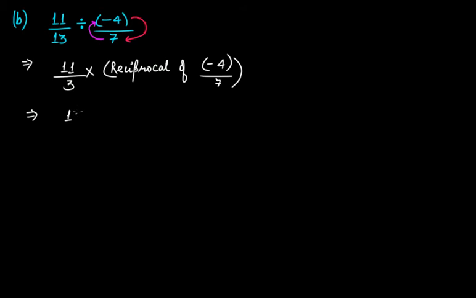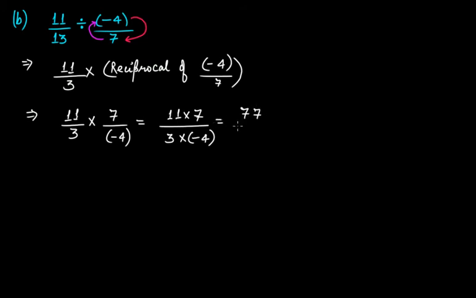So 11 over 3 times 7 over minus 4, and this gives you 11 times 7 over 3 times minus 4. So this is 77 over minus 12.